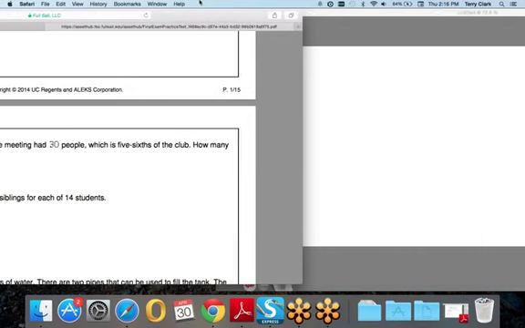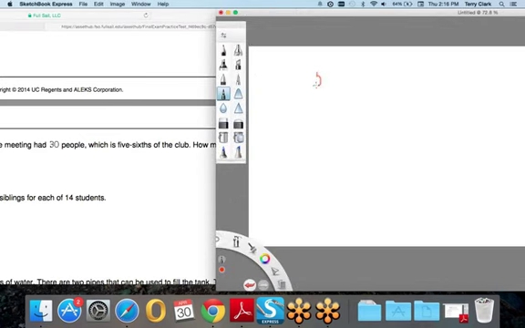So that problem can be set up as an equation. So we've got 5/6 equals, 5/6 of the people equals the 30 people that were there.